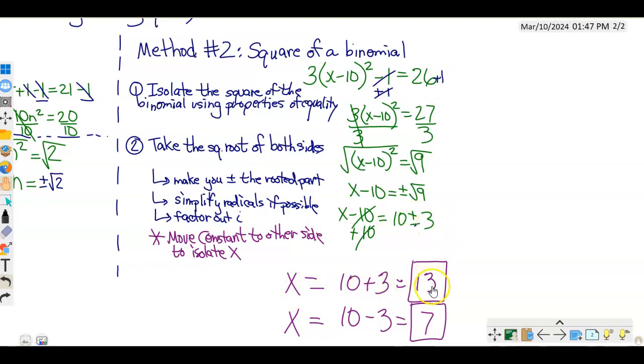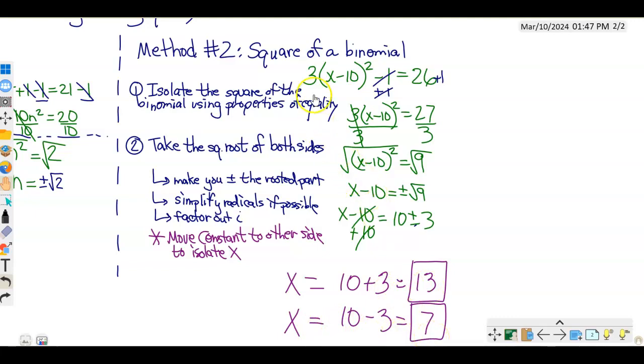Okay, that's one of your solutions, which is 13. And you have to subtract 3 from 10 to account for the other solution. So 10 plus 3 equals 13, and 10 minus 3 equals 7.